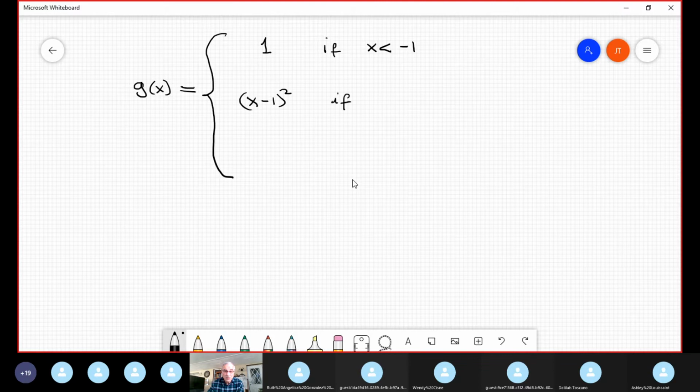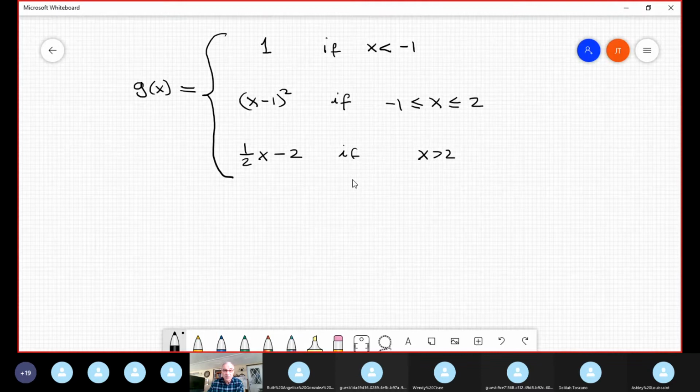If x is in between -1 and positive 2, including both endpoints. And 1/2 x minus 2 if x is greater than 2.